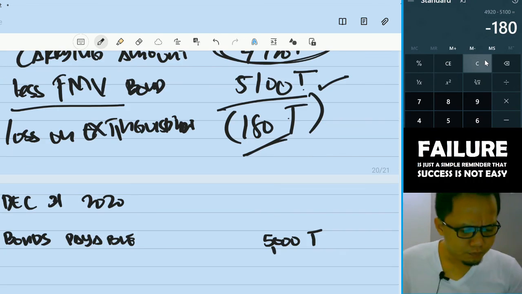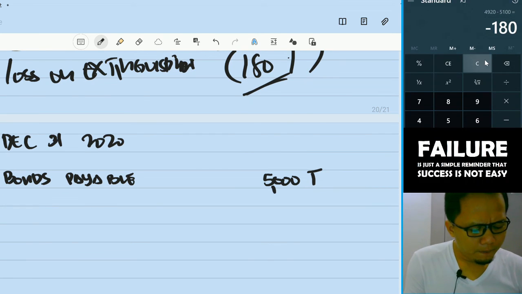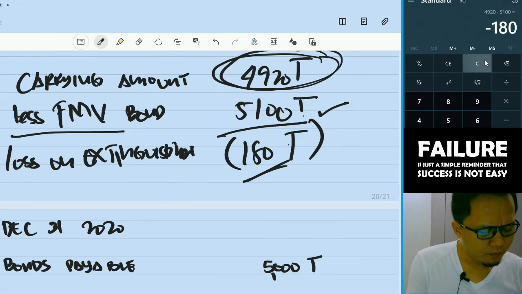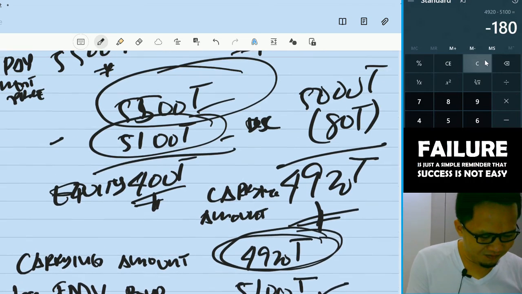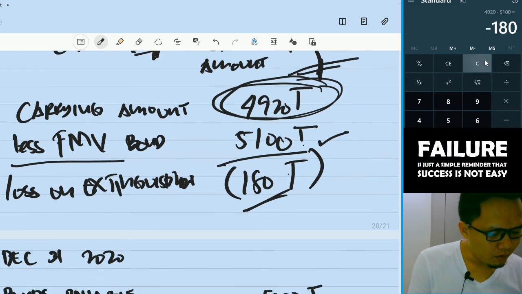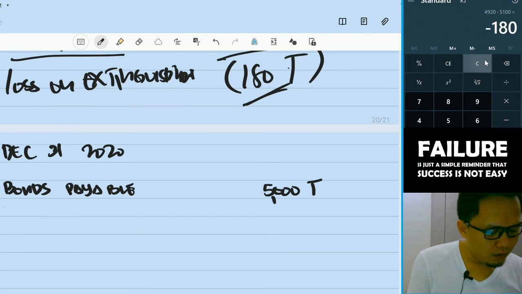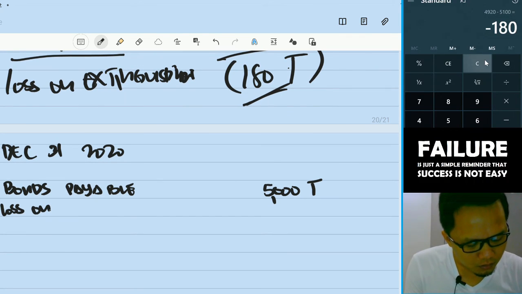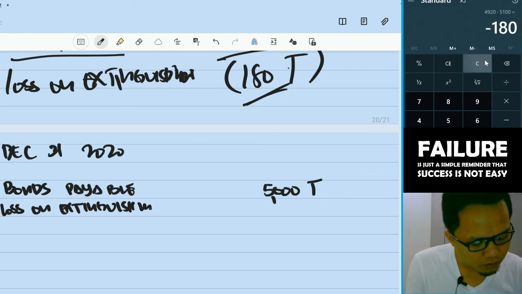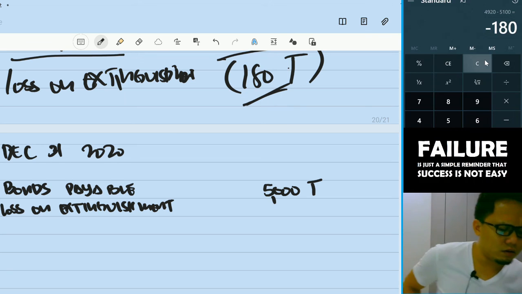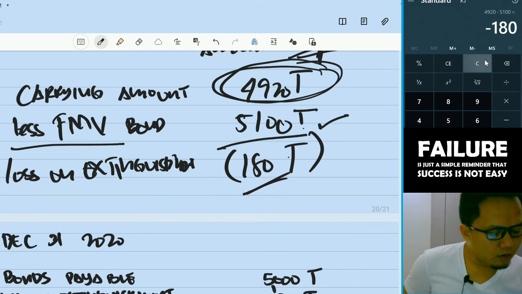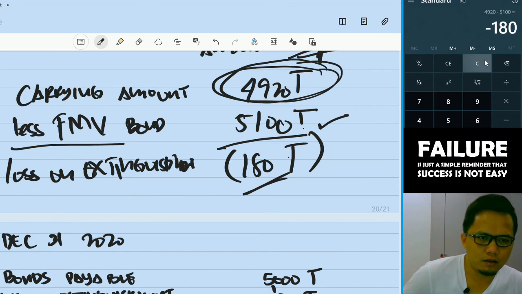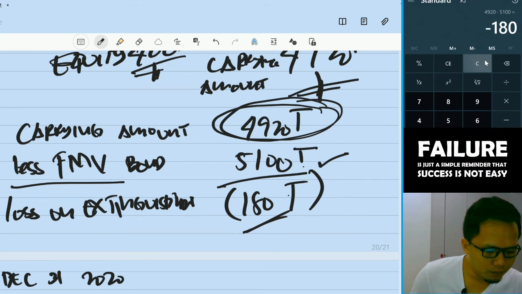Okay? Then, because we have a loss on extinguishment, debit loss on extinguishment of bonds, or the same with loss on retirement. Same lang yan siya, no? 180,000.